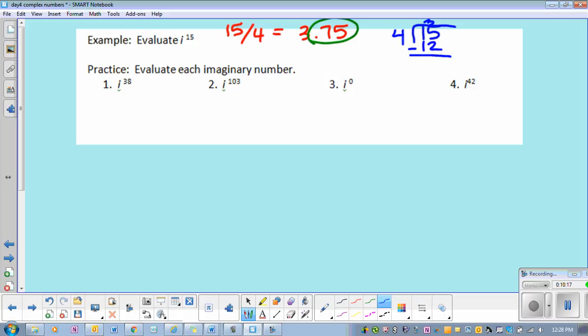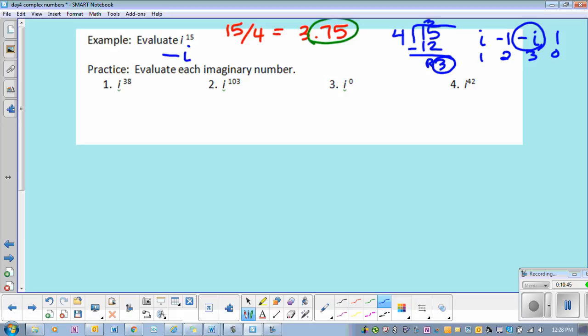You subtract that, and 3 is your remainder. The remainder is 1, 2, 3, 0, so it's negative i.